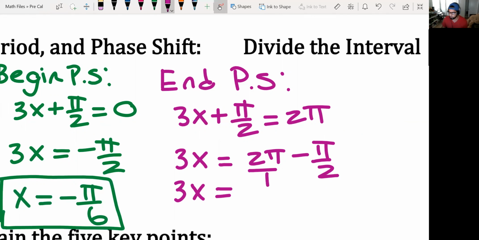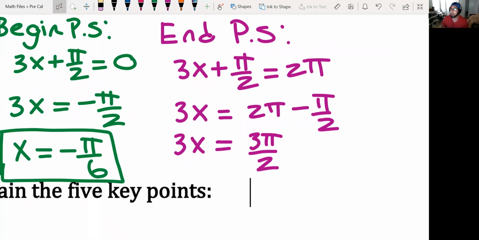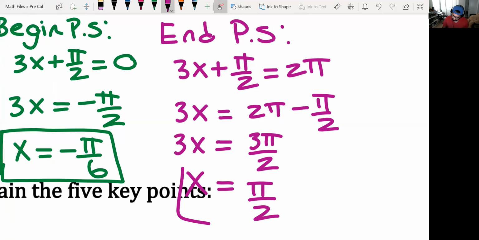That means if you put that over 1, you'd get 2 over 2, 4 pi over 2 minus pi over 2, you'll get 3 pi over 2. And then if you divide by 3, you'll get pi over 2. And this is where our phase shift will end.